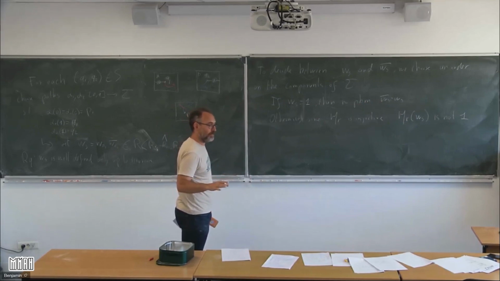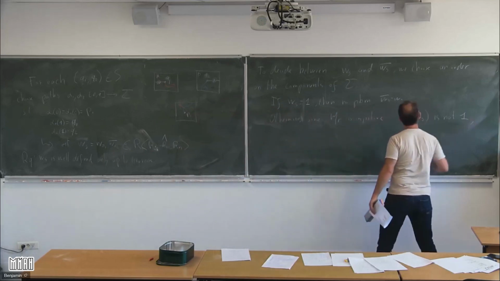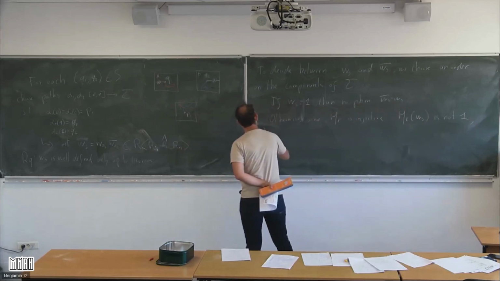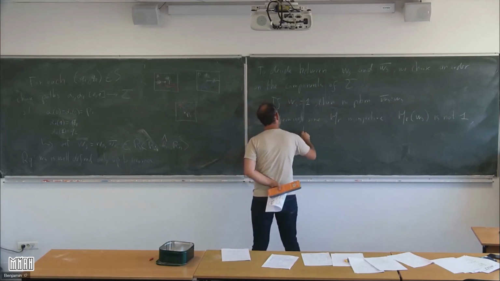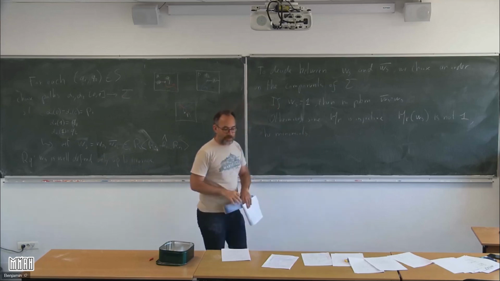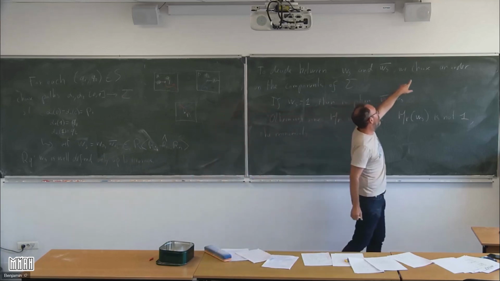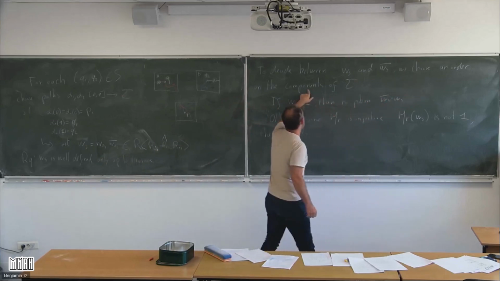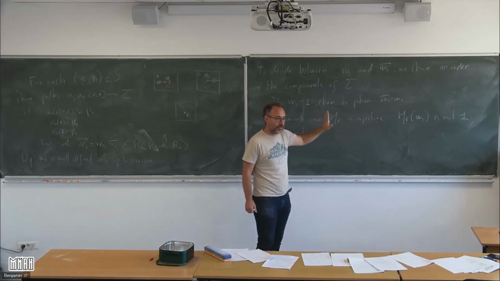It has some non-trivial monomials. But these monomials are naturally ordered because we have chosen an order on the components. Each component corresponds to one variable.